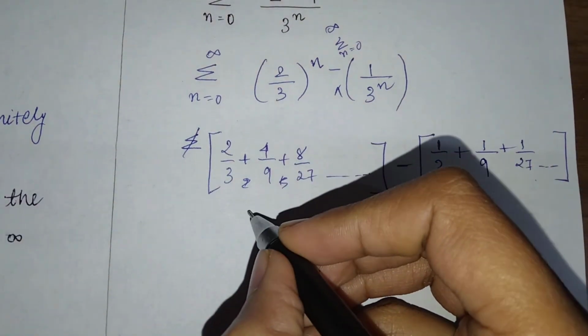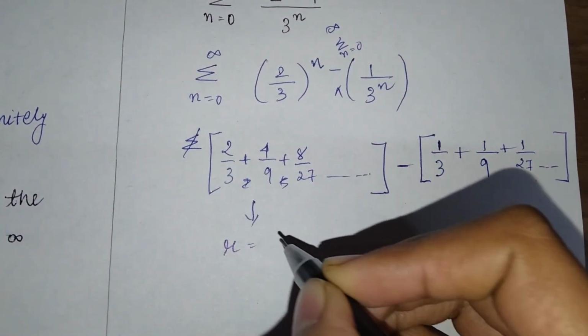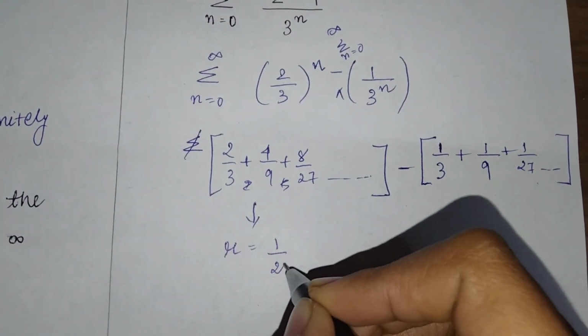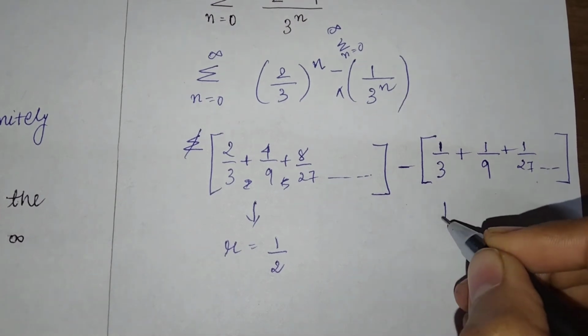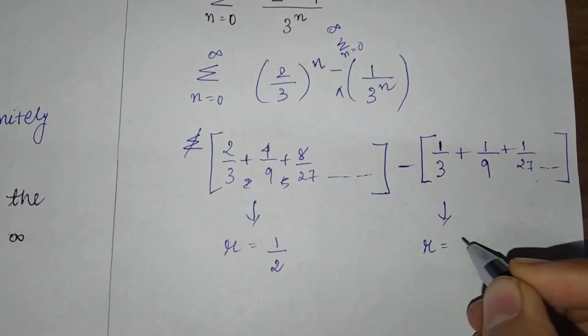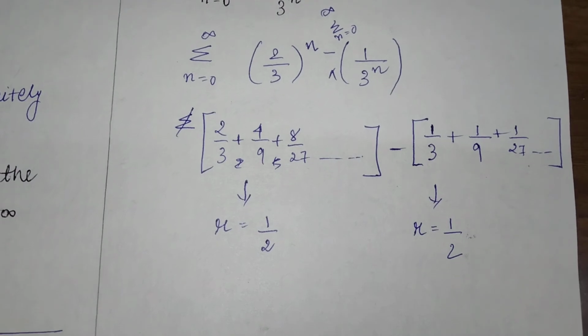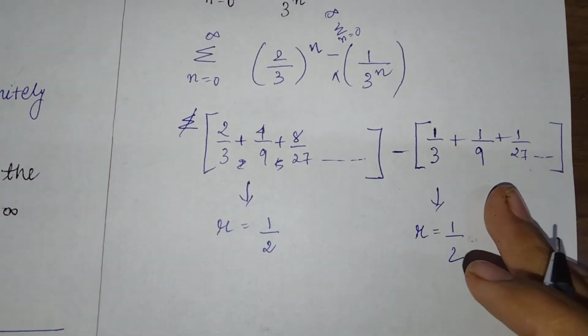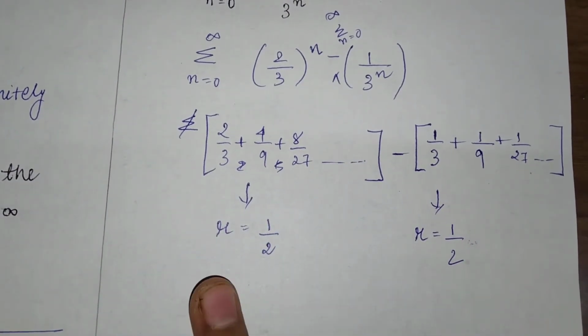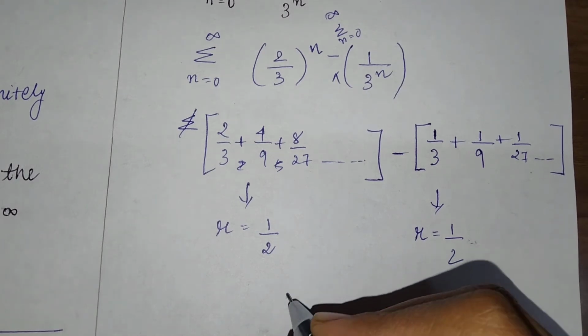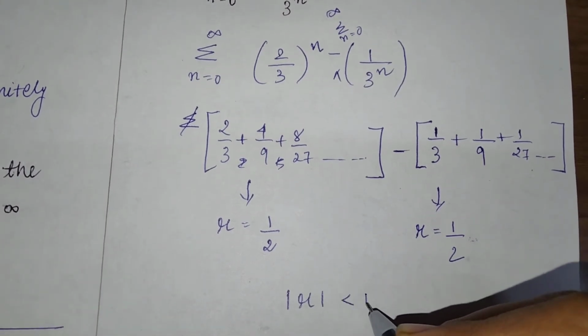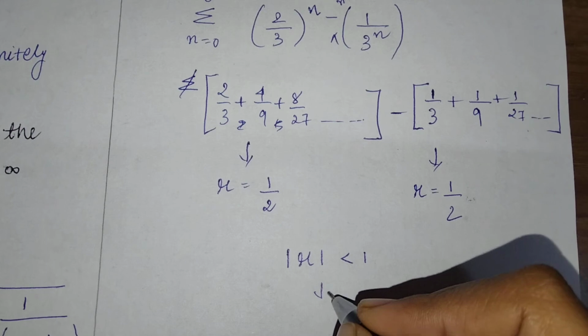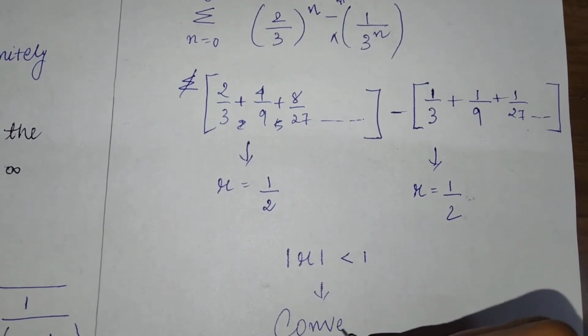So here if we find r, then we will get r equal to 1 by 2, and here also if we find r, then we will get r equal to 1 by 2. So both the series are in geometric progression, and we can find r, and directly from r we can say that as it is less than 1, the answer is convergent.